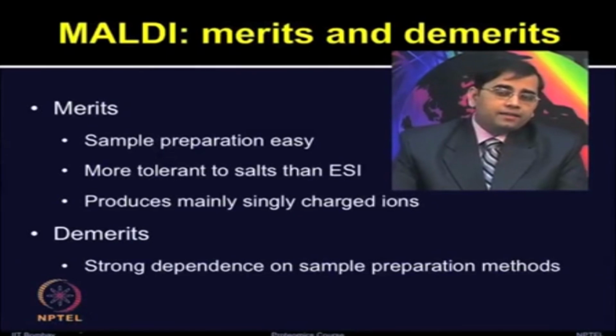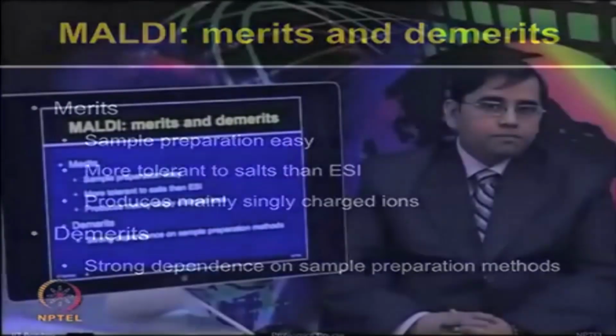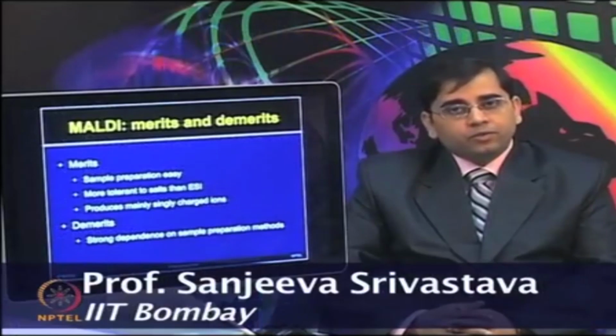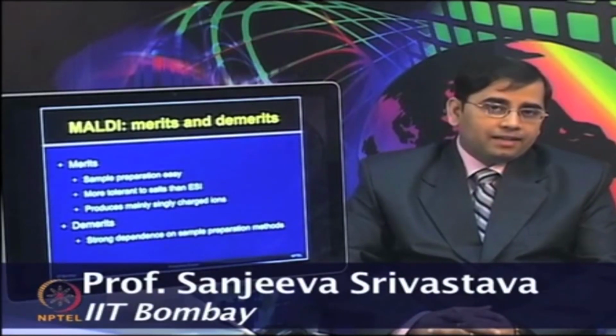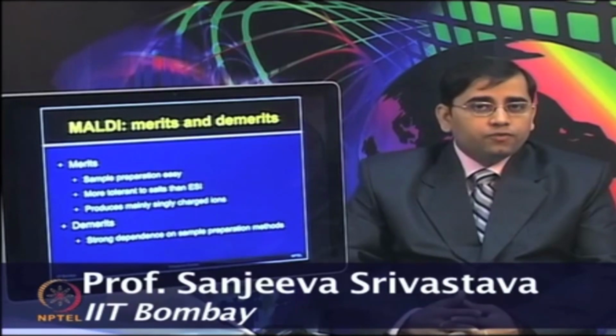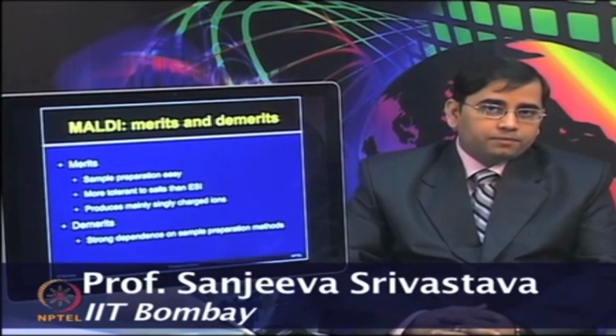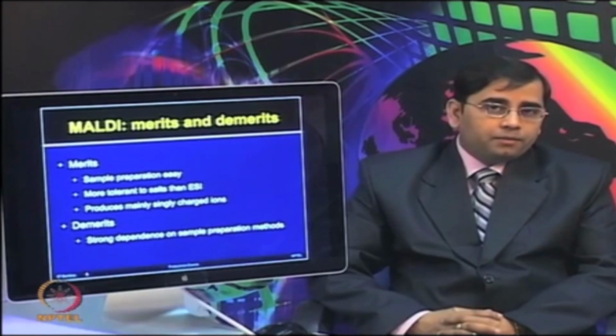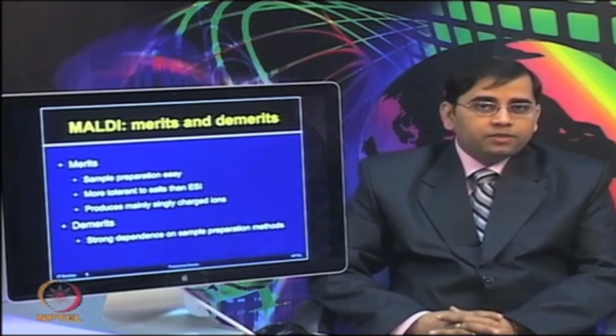The single charge can result in some molecules having large mass to charge values. Therefore, MALDI is typically integrated with TOF mass analyzers, which can provide the m/z range for large ions as well. Now, these are various merits of using MALDI. Obviously, it has to be connected with the TOF.